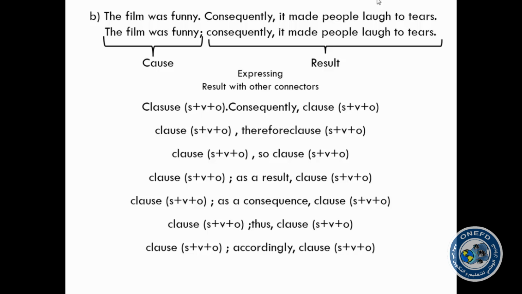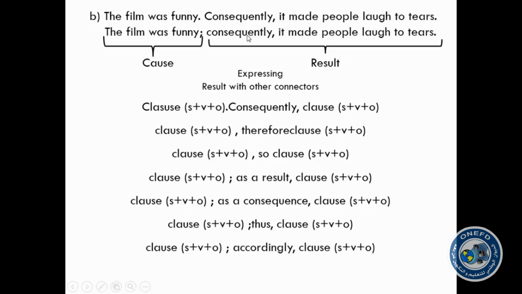So the cause is the film was funny, and the result is it made people laugh to tears. The result always comes after the connector consequently, not the opposite. You cannot put the cause after a connector that expresses result.